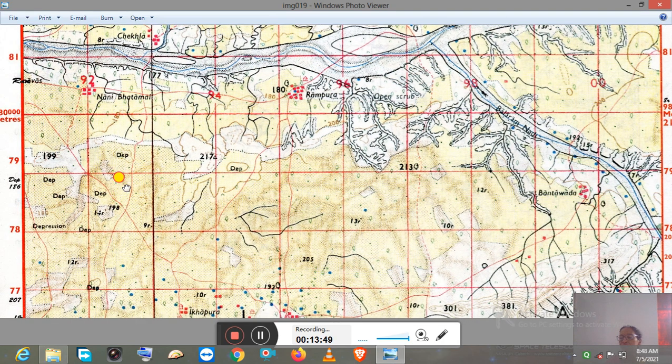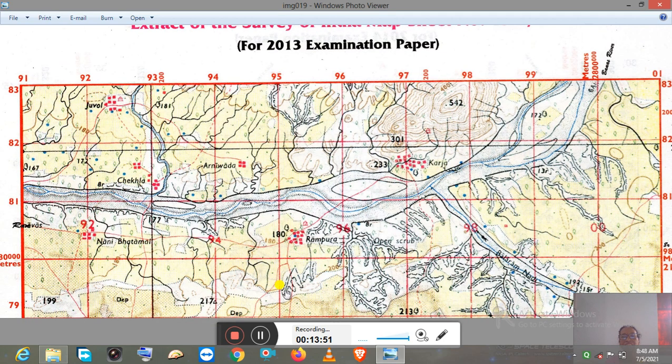The river which is perennial is shown with the help of a blue line in the river bed. If there is no blue line, only river bed and black dots are there, that means the river has a sandy river bed and that is non-perennial.